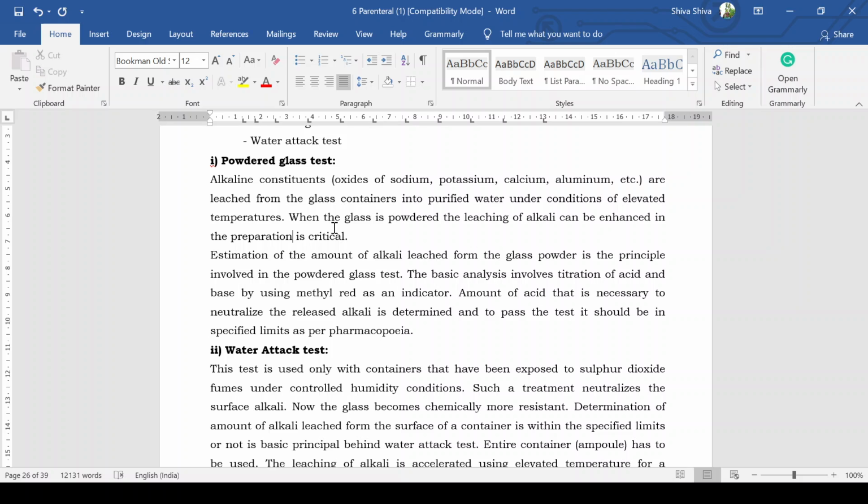Due to this, there is an increase in the leaching of alkali from the powder, and that amount of alkali leached into the water is then checked, and depending upon that, the amount of alkali leached is determined. The basic analysis involves titration of acid and base by using methyl red as an indicator. As already seen, alkali is leached into the water.